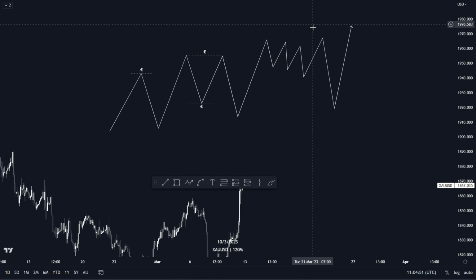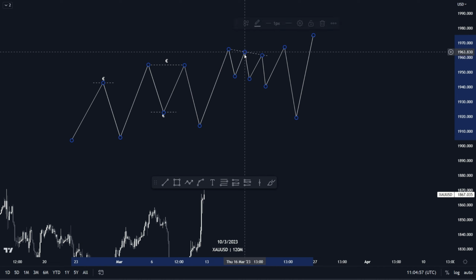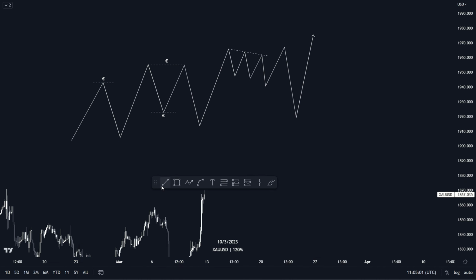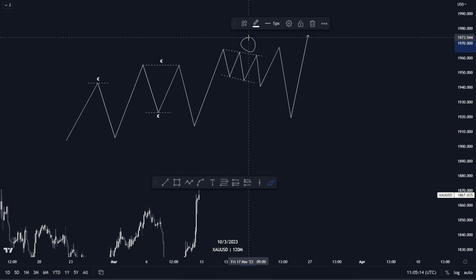And here we have trend line liquidity, whereby there will be a lot of stops and liquidity lying above this trend line here and below this trend line here.